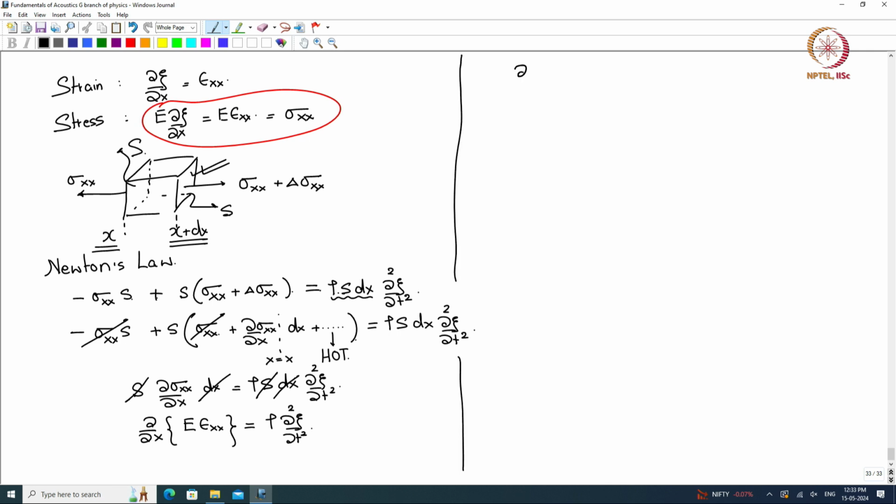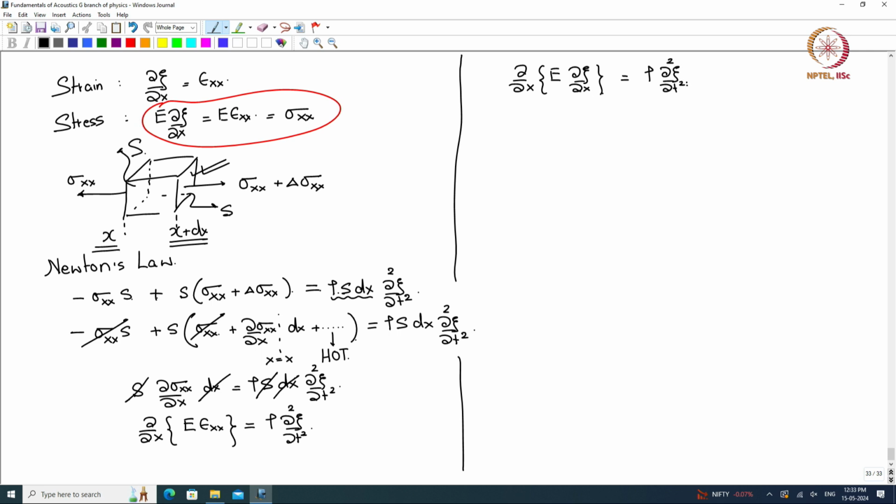Okay, so I have ∂/∂x of E ∂ξ/∂x is equal to rho ∂²ξ/∂t².